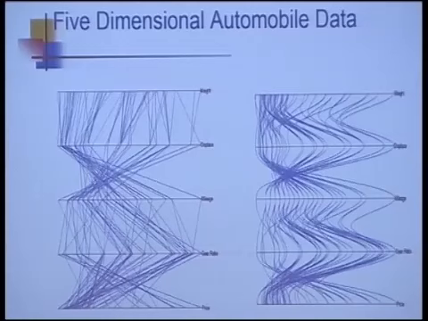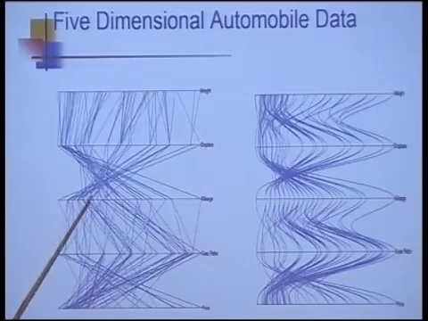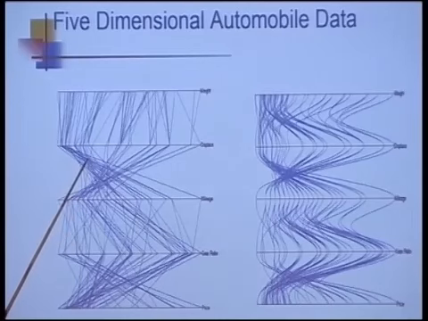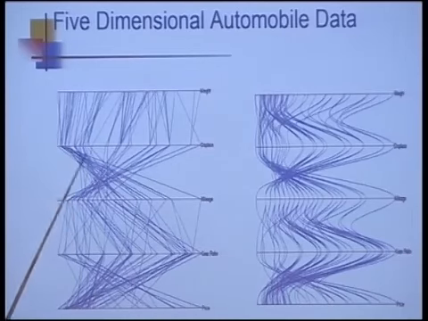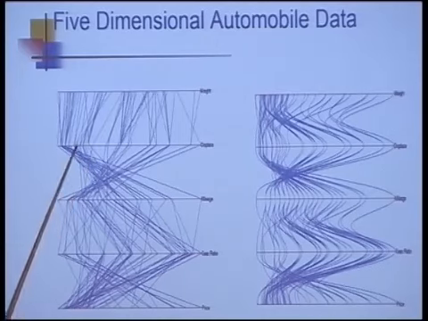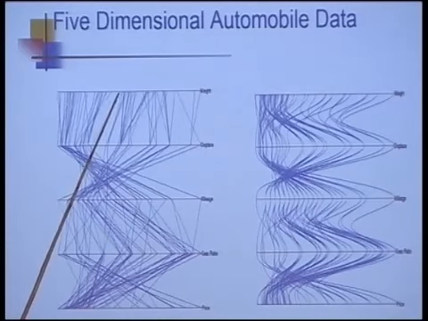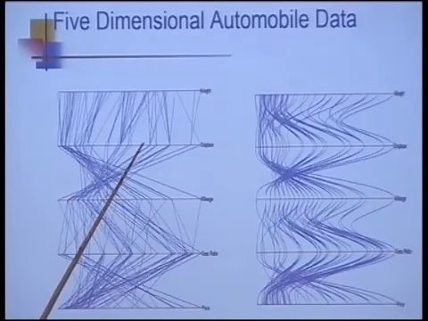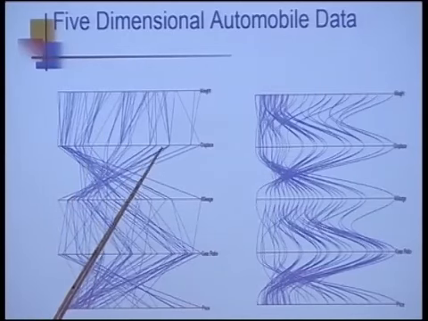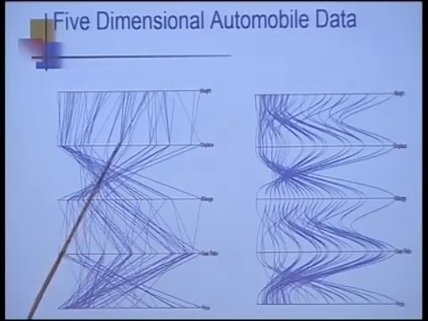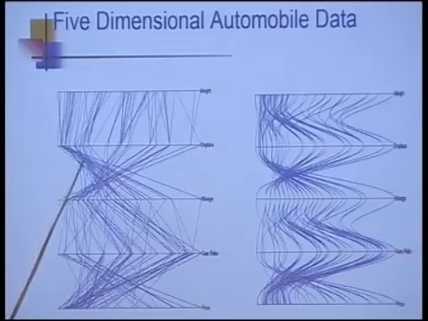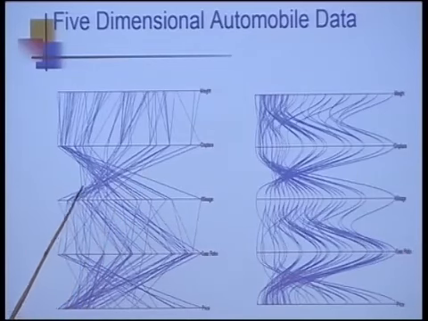Now, one of the things that's interesting about this data set is that there are a bunch of automobiles here with small engine displacement and relatively small weight. There's, relatively speaking, a gap, and there's some high engine displacement and some moderate engine displacement. And you notice you get this crossing effect.